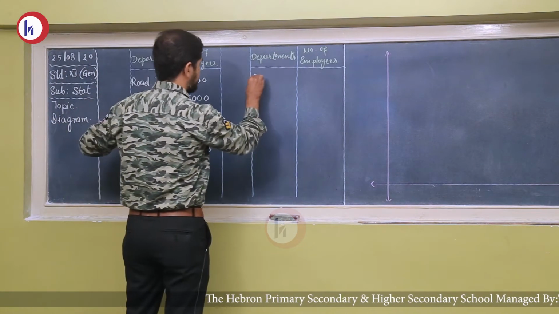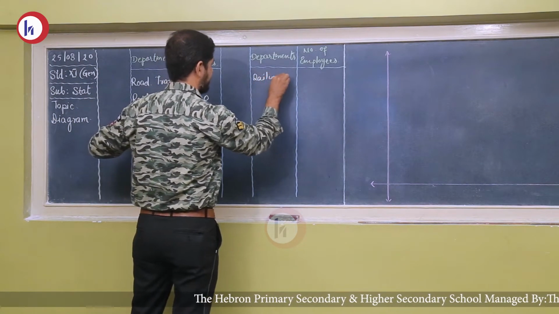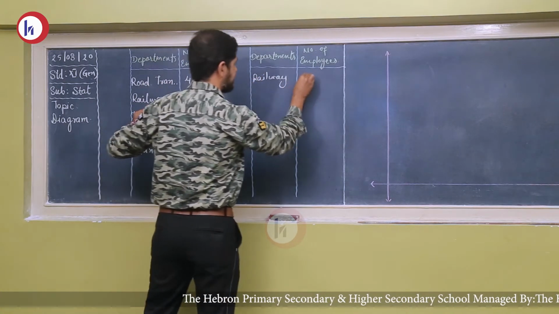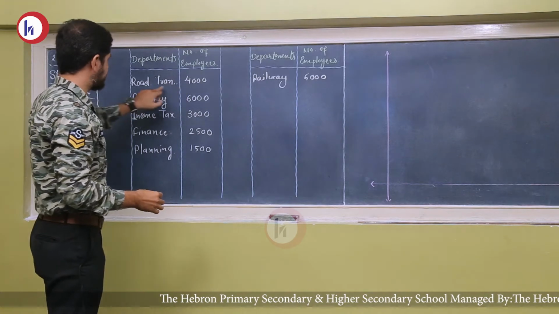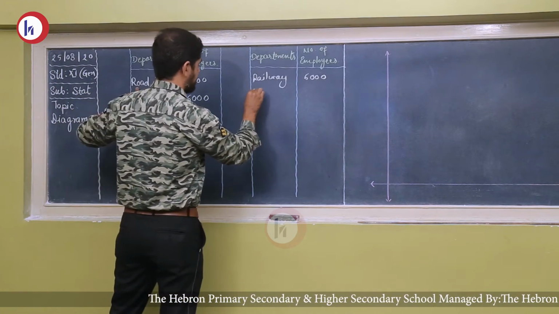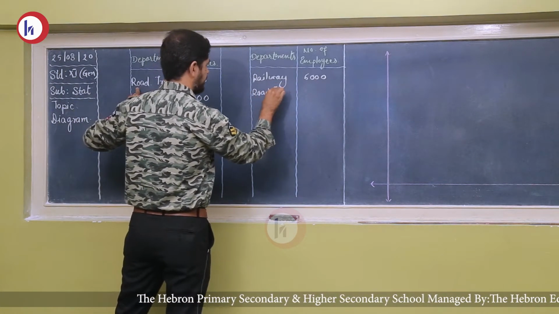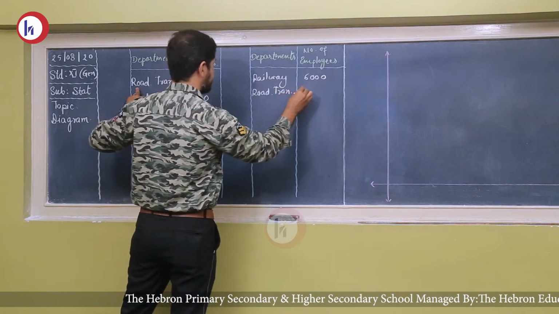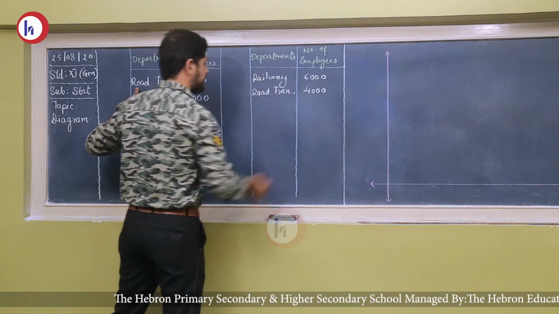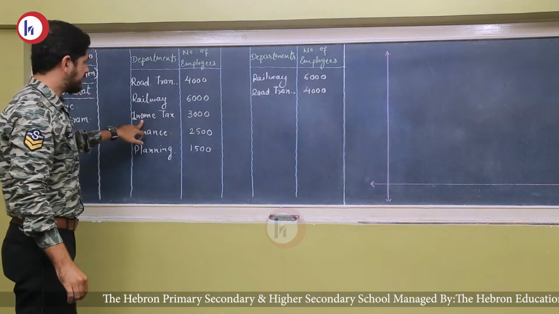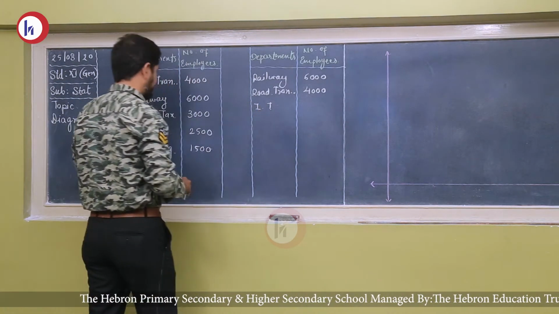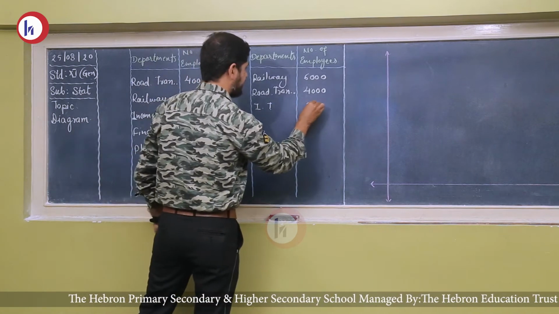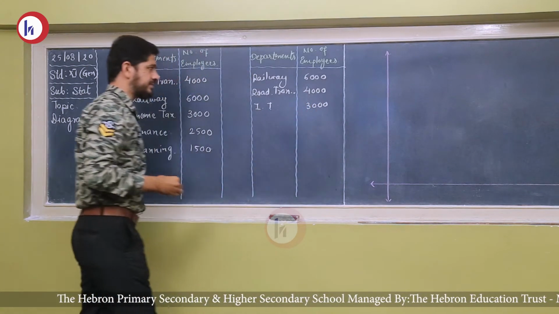So railway, that is 6,000. Number 2, 4,000 in road transport. Number 3, in the income tax department, the IT department, there are 3,000 employees.